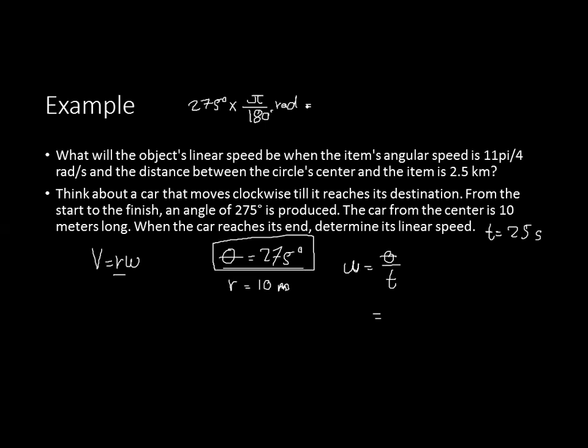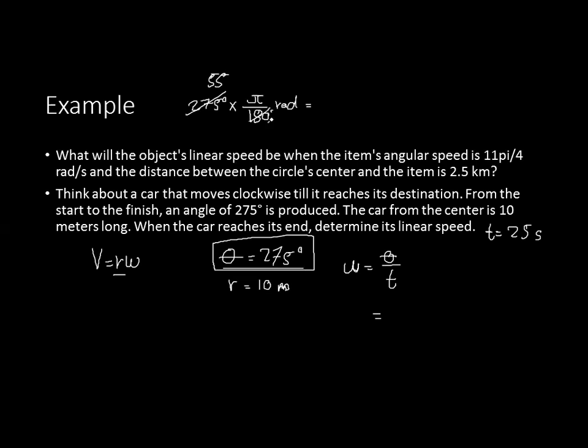275 and 180 are both divisible by 5. So 275 divided by 5 is 55, and 180 divided by 5 is 36.